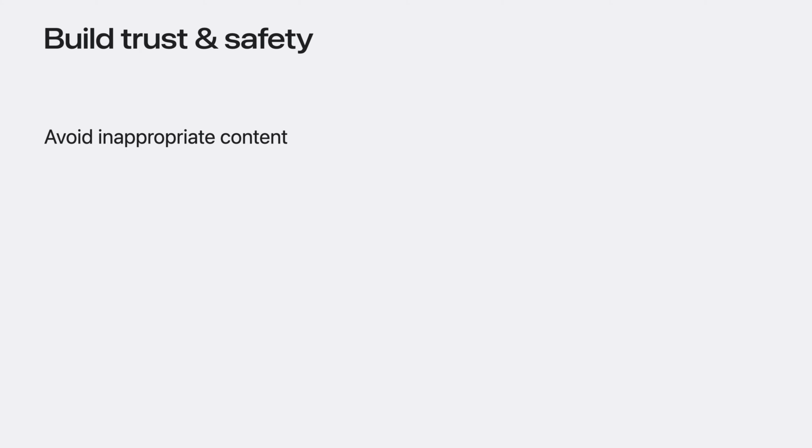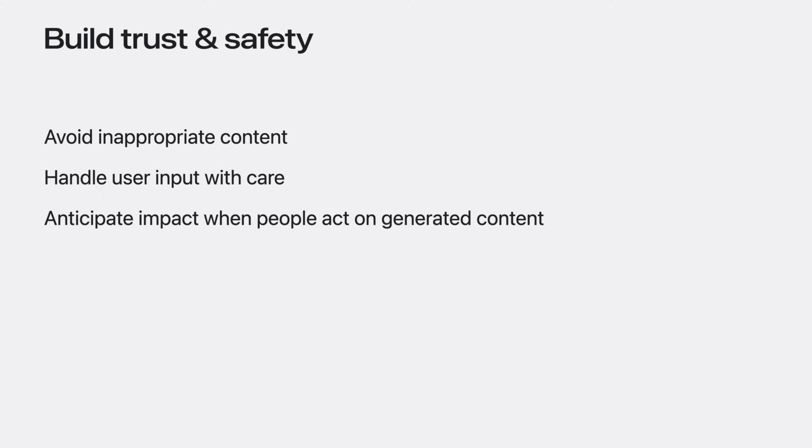The guardrails in the Foundation Models framework will block them. You will also need to handle user input with care. You can achieve this by carefully writing your instructions and prompts. Also think about what happens when people act on the responses from your app and how it may impact them. I will give you a few examples later to help you think about what you can do.